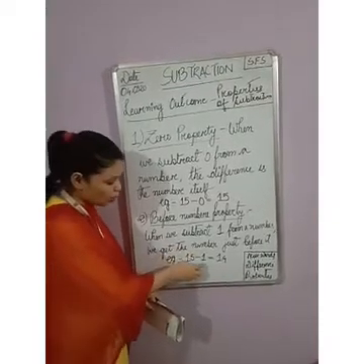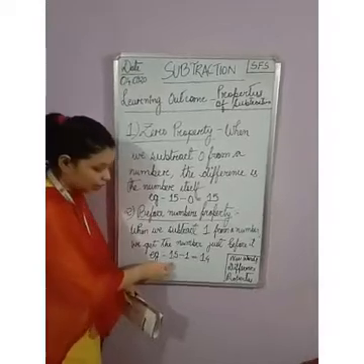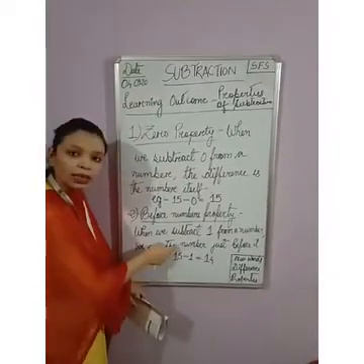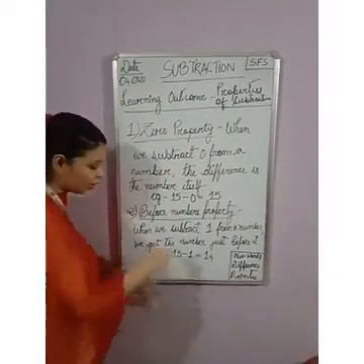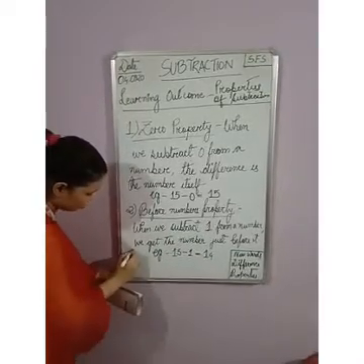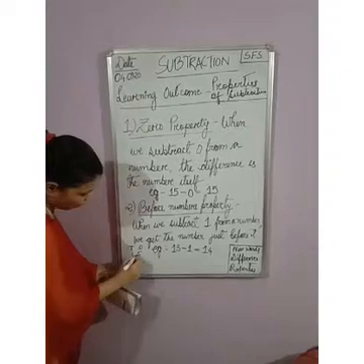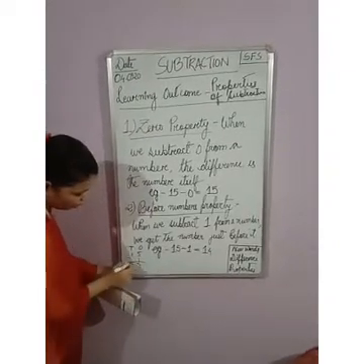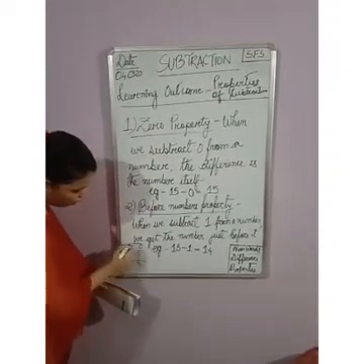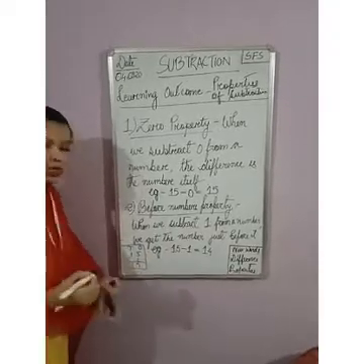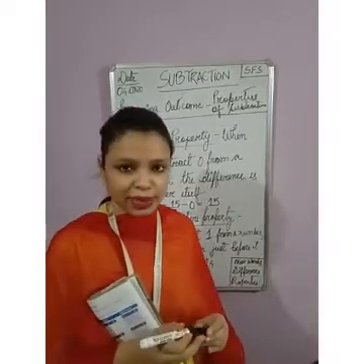So if we subtract 1 from any number, we are getting the number that is just before the number given here. If you have doubt, you can make a place value chart and find out 15 minus 1: 5 minus 1 is 4. There is no number here, so 1 will come down. You can also find out like that. This is known as the before numbers property.